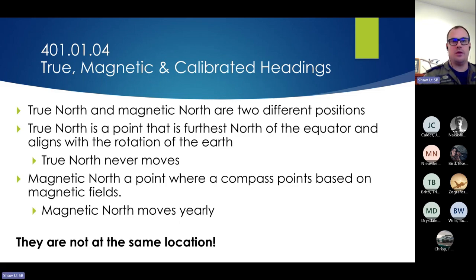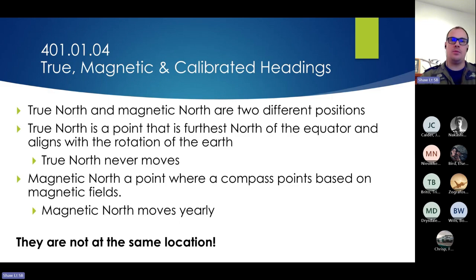Versus magnetic north, that's where your compass points, right? That's based on the Earth's magnetic field, and it moves all the time. It says it moves yearly, so it's adjusted yearly, but it's moving all the time because of magnetic material in the Earth's core. The Earth's spinning, so that gets sloshed around. So magnetic north is always changing.